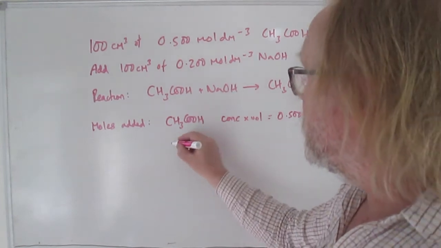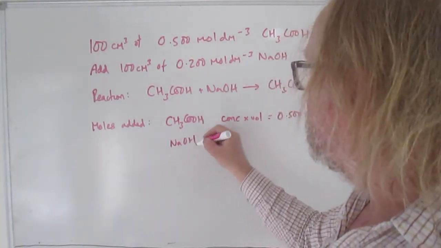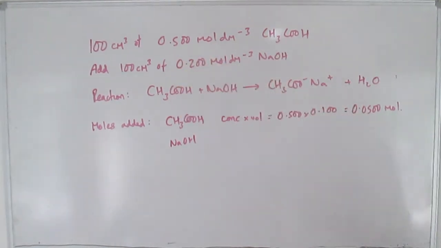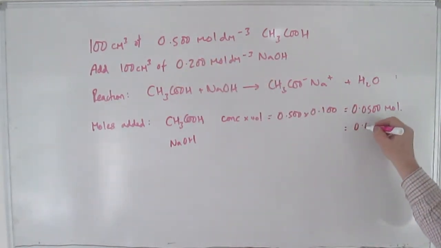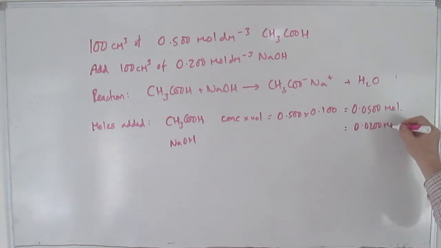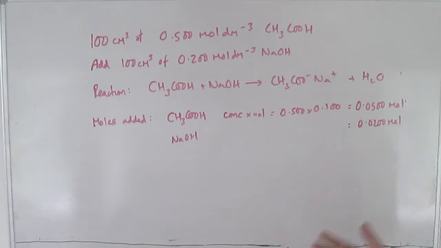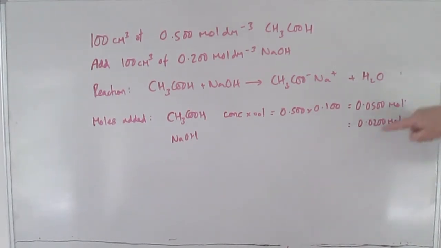And for the sodium hydroxide, again, concentration times volume is 0.200 times 0.1, which is 0.02 moles. Now it's a one-to-one reaction, which means that they'll only react in equal amounts, but we've got more ethanoic acid added, and so fairly obviously this is in excess.